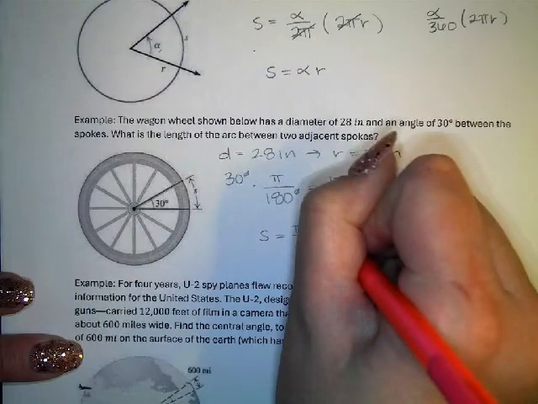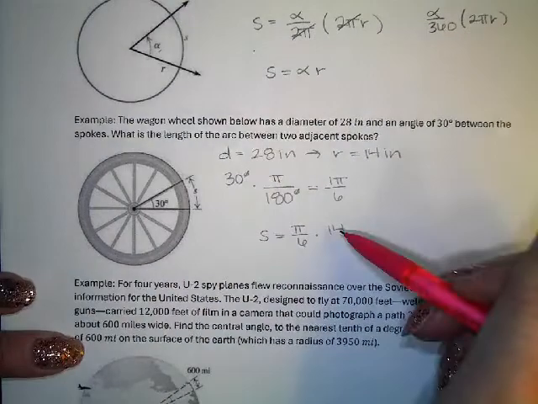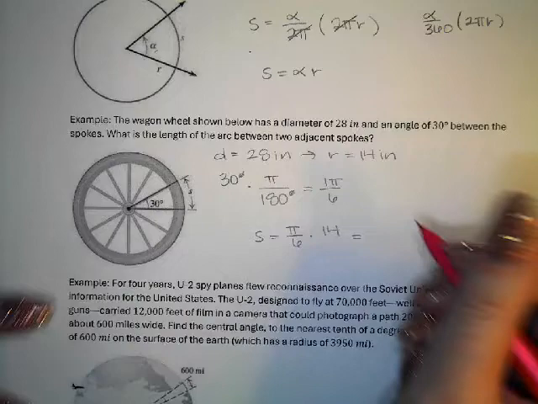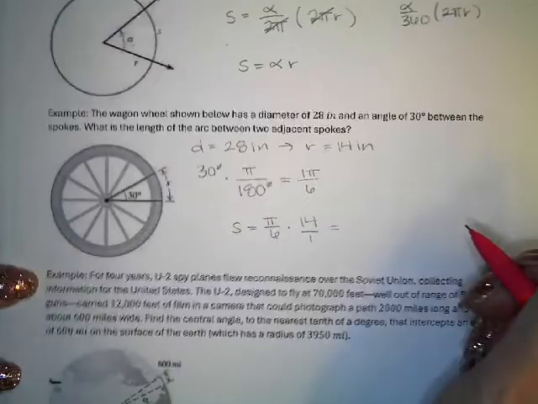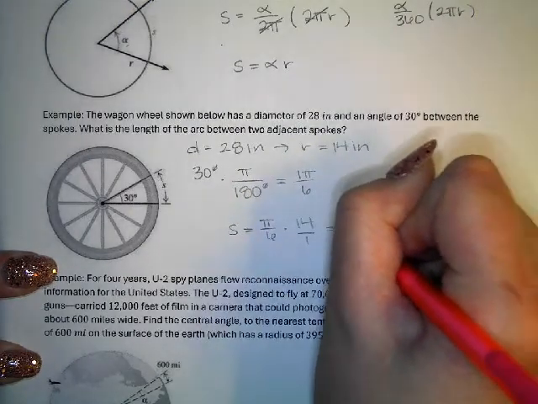And I can multiply those together. Here, if I were to write the 14 as a fraction, it would be 14 over 1. So I have that the arc length is 14 pi over 6, or 7 pi over 3.